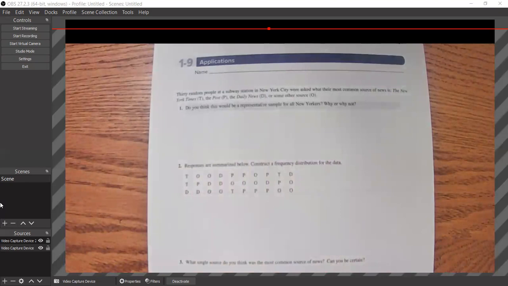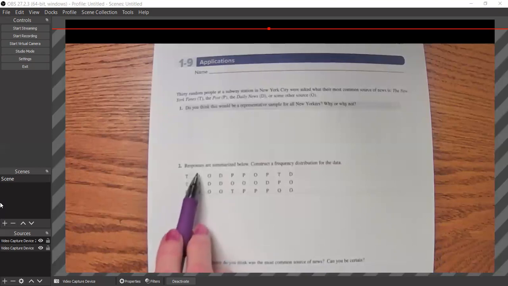I would say probably not, because New York's a massive city and just 30 people is a pretty small sample. Plus, who knows how centrally located or what kind of neighborhood that subway station was in. That probably affects where people get their news source. But anyway, you can have your own opinions on that.